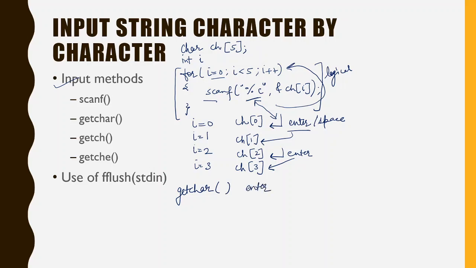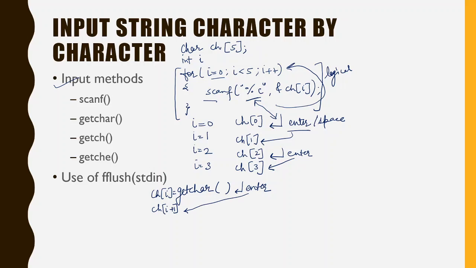After using getchar, you just have to take ch[i] equals to getchar. What happens is that this enter will go to the next ch[i+1]. In the loop, this enter will go to ch[i+1] and getchar will not work.